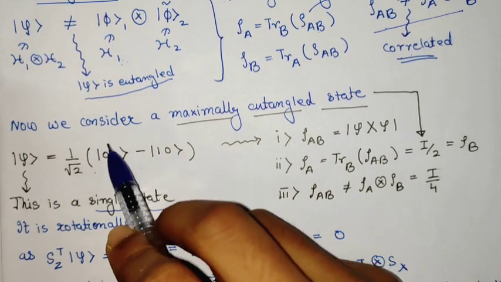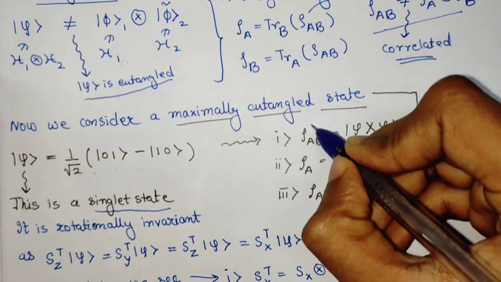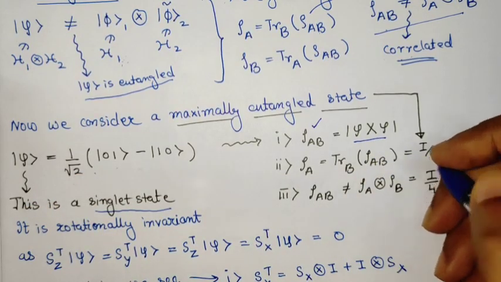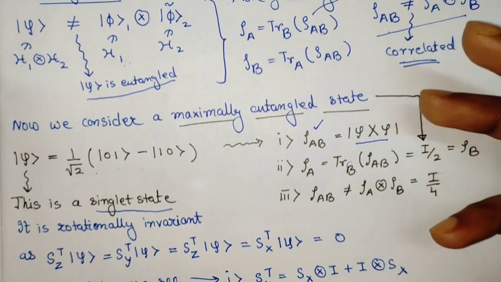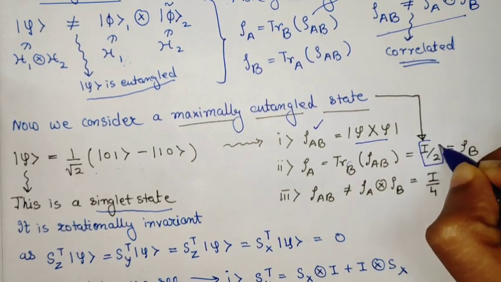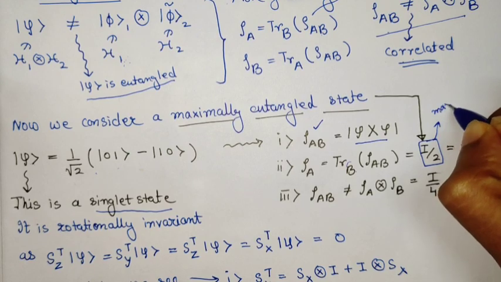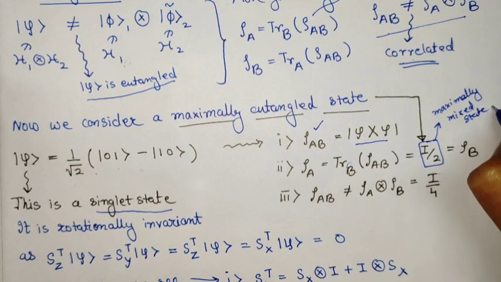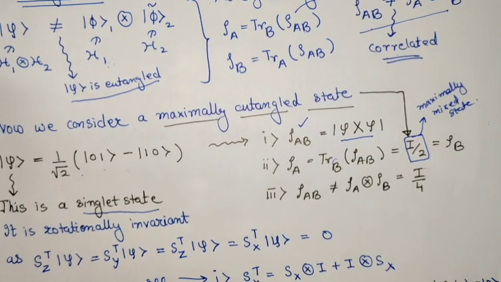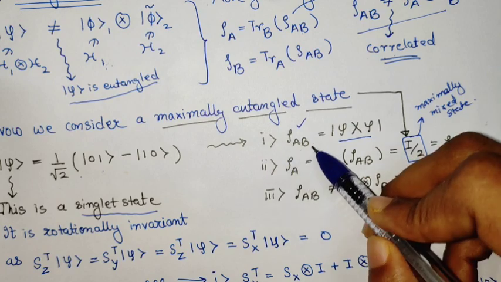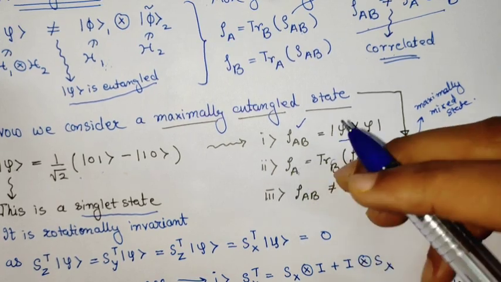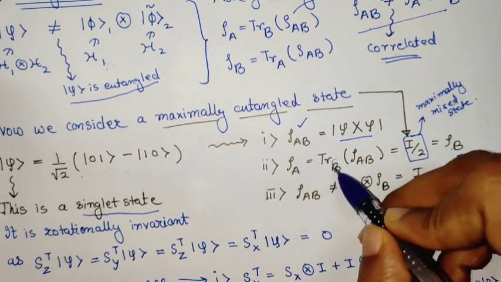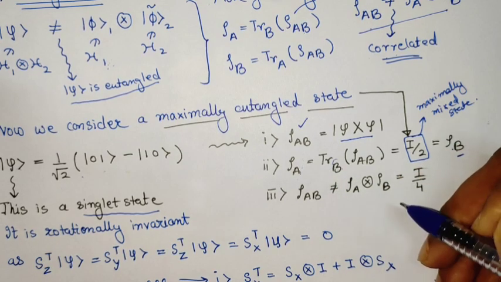What this means is that you can try writing the density matrix of this state. It is a pure state, so the density matrix is just this, and trace out the B component. You will see that we get identity by 2. So this is a maximally mixed state. What this means is that there is no information in this state about rho A. You can't get any useful information of rho A or rho B. You can find rho B also by tracing out the A part.